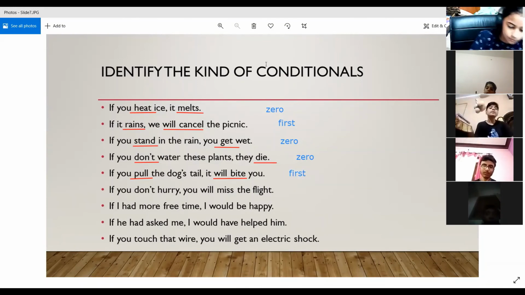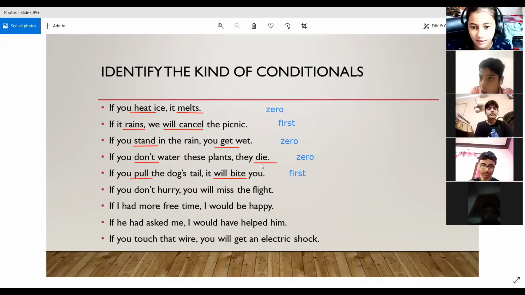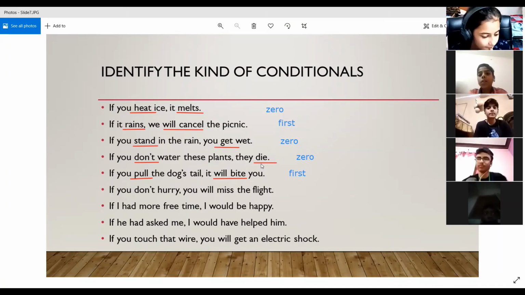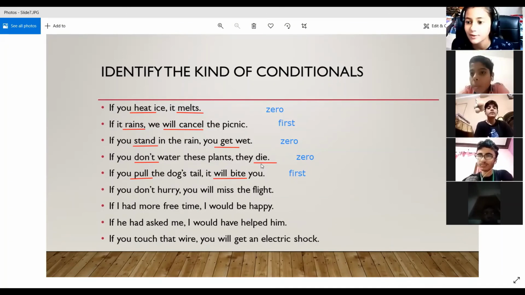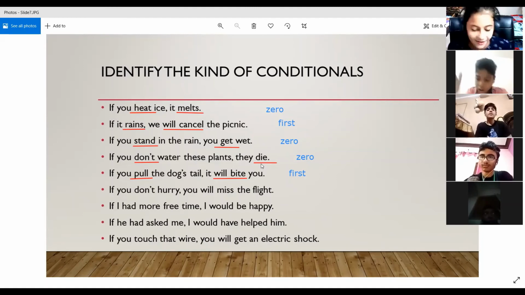Yes, Vaishnavi. Sir, it is first conditional.